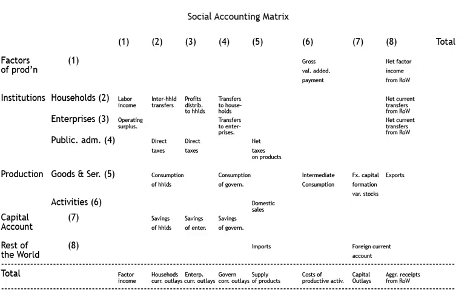I find that it is very clear and very easy to understand what happens with this way of presenting a social accounting matrix. So you've got a simplified presentation, slightly simplified because in fact you've got these titles of rows on the left. So for example, you've got factors of production, institutions, households, and so on.